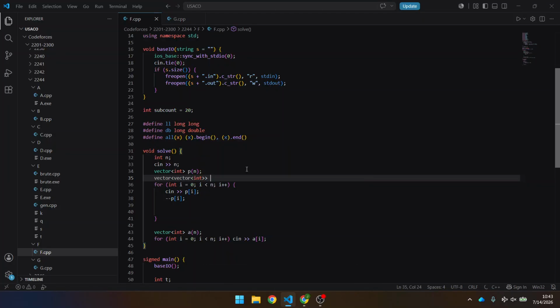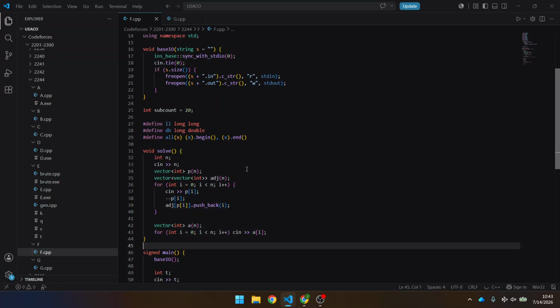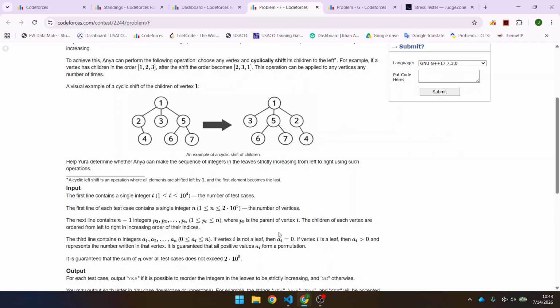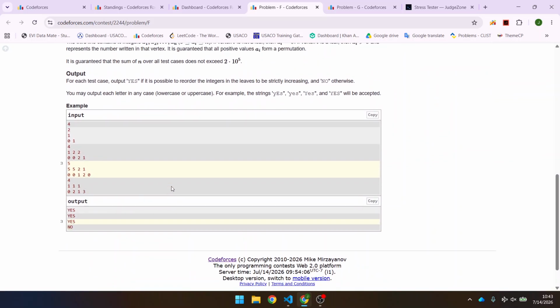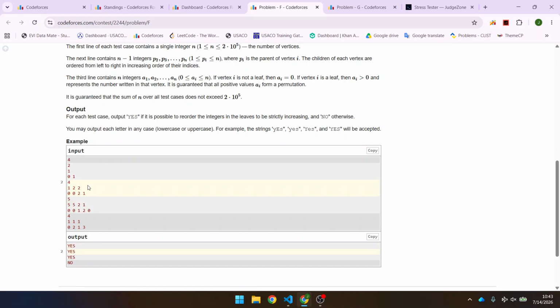Vector into adjacency list. ADJ, PI, pushback. Okay. 5, 5, 2, 1, 1, 2, 2.